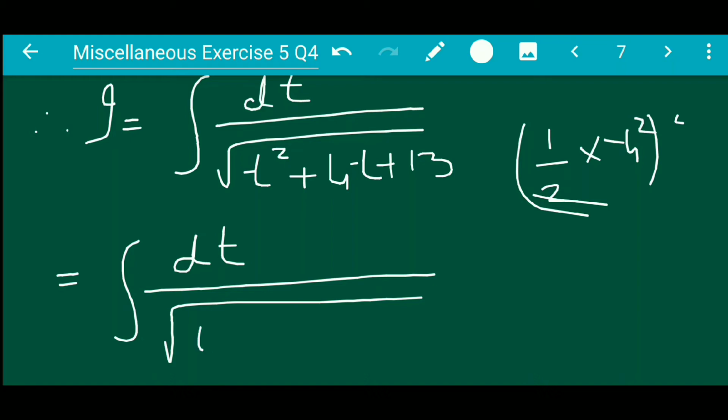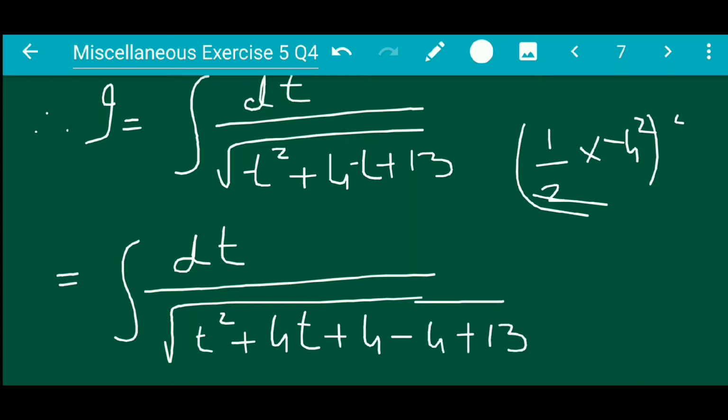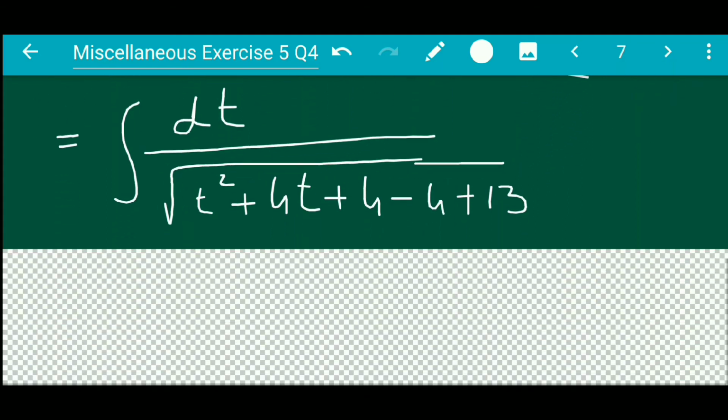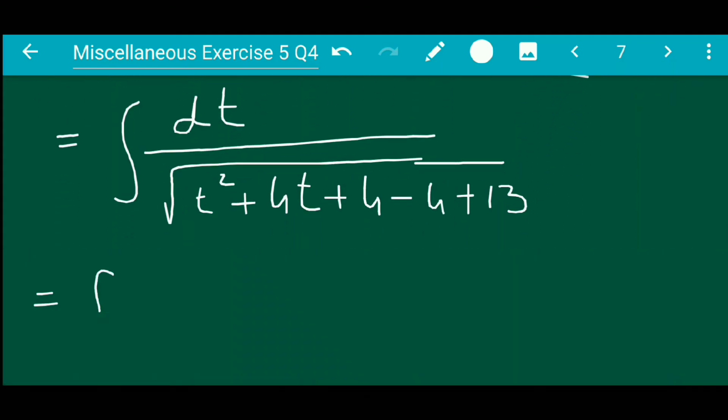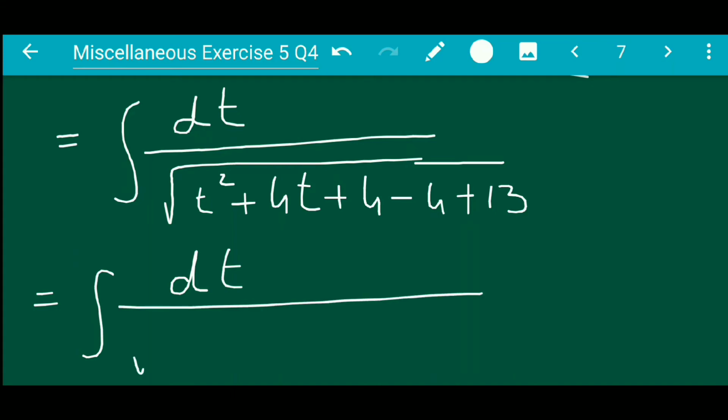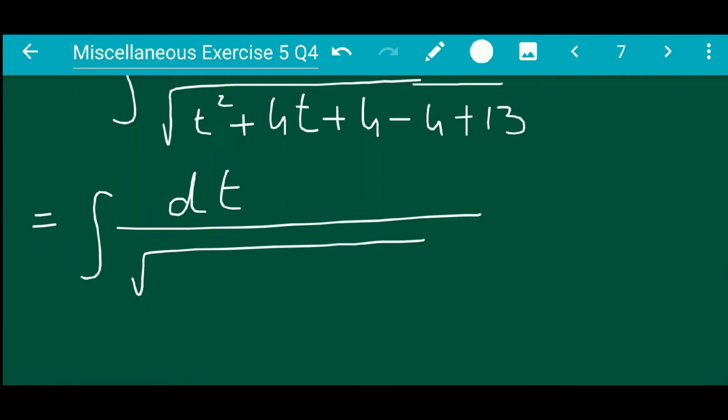So we get t square plus 4t plus 4 minus 4 plus 13. Then t square plus 4t plus 4 can be written as t plus 2 the whole square, and minus 4 plus 13 gives us 9.